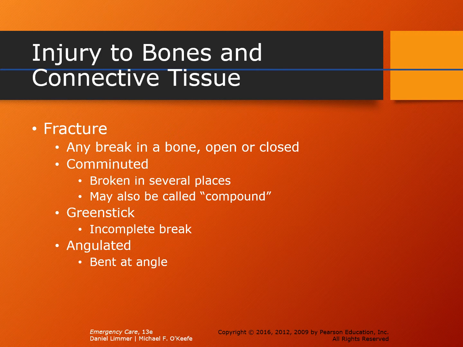Next, we have green stick. This is an incomplete break, and we see this a lot in our pediatric groups. Green stick breaks are just like taking that stick that we talked about earlier, where we try to force it and it breaks in half. Well, this is the kind of stick that is fresh off the tree. It's completely green on the inside.